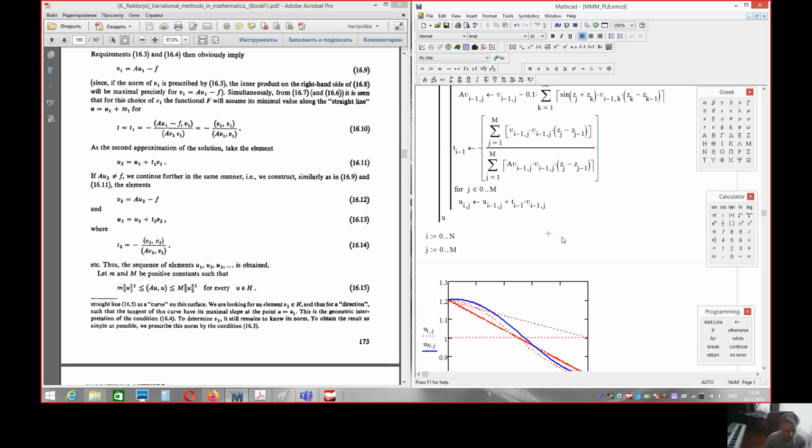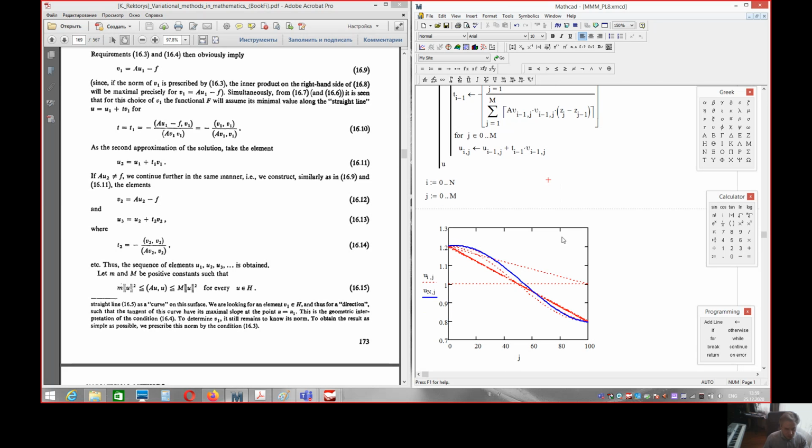That's our solution, and now we draw it for all the approximations at this graph. The last approximation is in blue color.